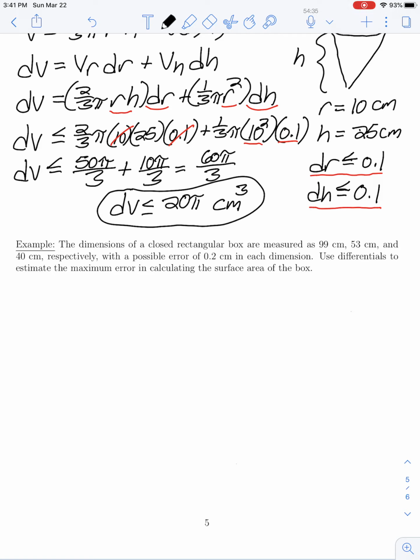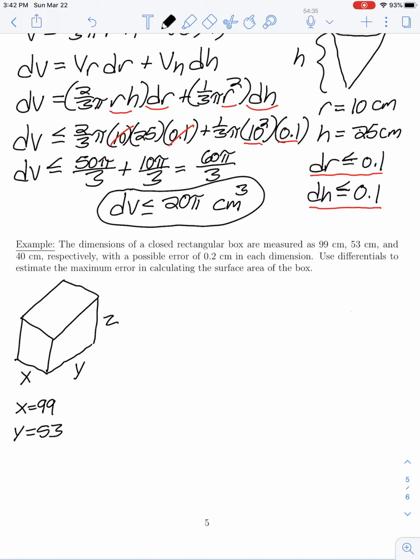So let's again visualize our setup here. We have some rectangular box, and the dimensions of this box we will denote as X, Y, and Z. And we are told that these dimensions were measured as 99 centimeters, 53 centimeters, and 40 centimeters.